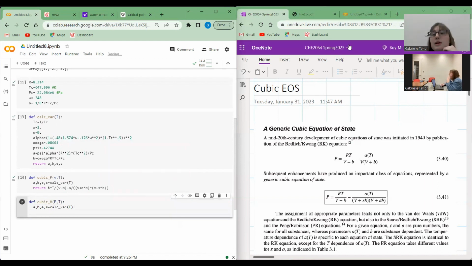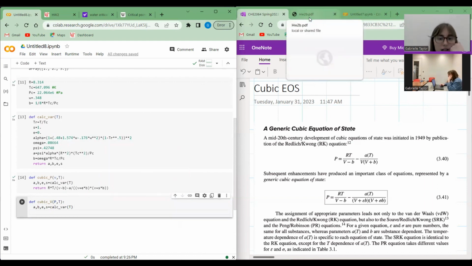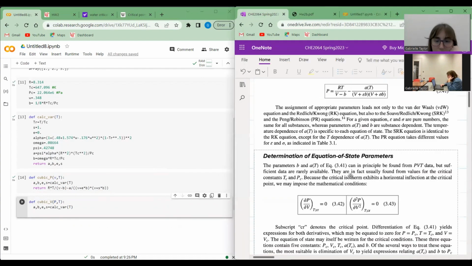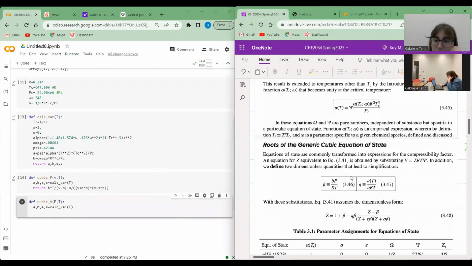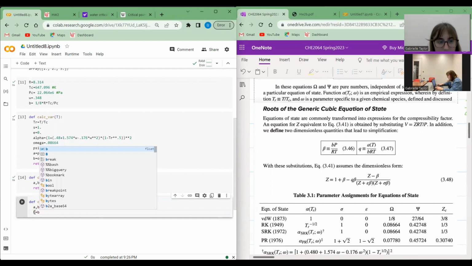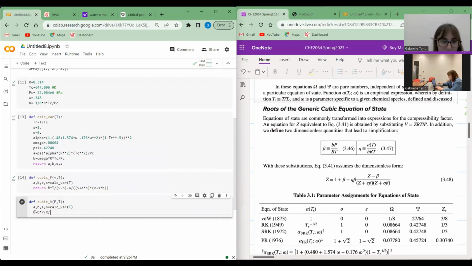Now, the thing that we derived is going to help us in the first place. So let's look at our beta and our Q. We first want to solve for beta. So beta equals B times pressure divided by R times temperature.